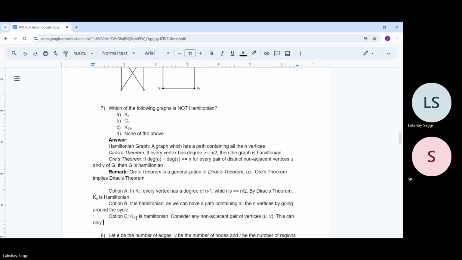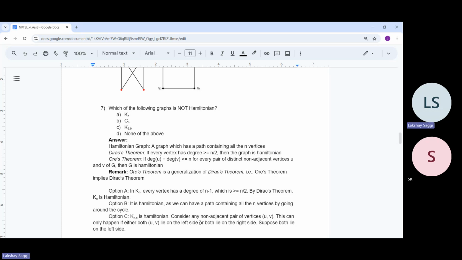This can only happen if either both u, v lie on the left side or both lie on the right side. Left and right side are the two partitions of the bipartite graph Kn,n, right? Suppose both lie on the left side. Both these cases are similar.